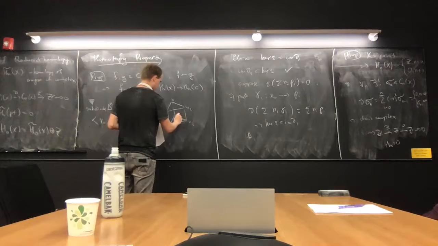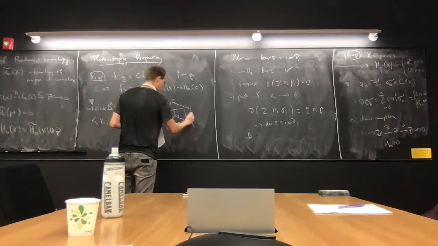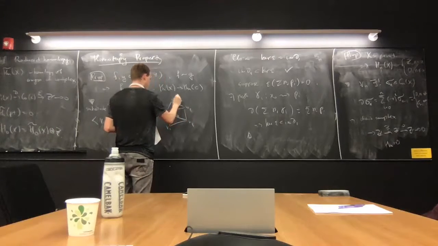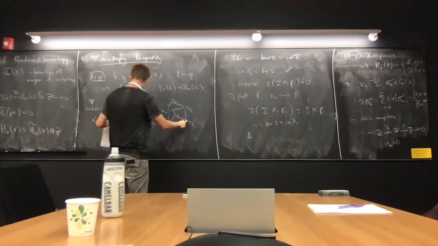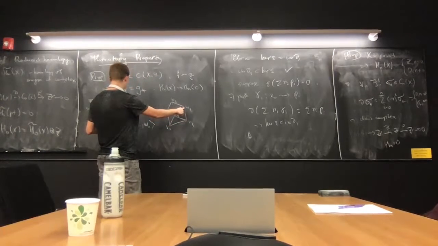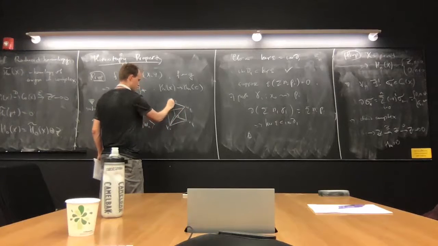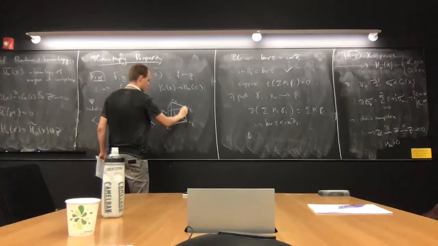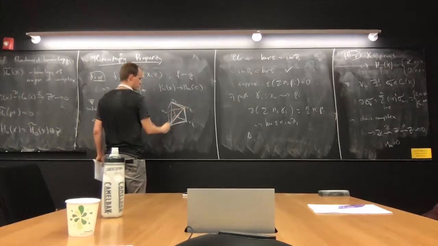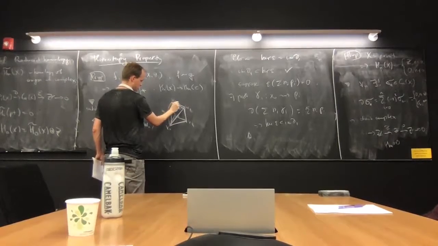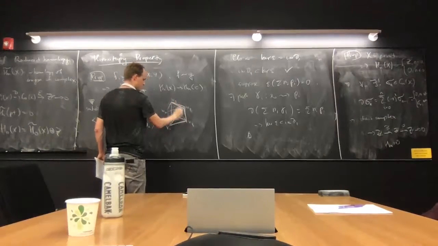So for instance, V0, V1, then W1, and then W2, right? This thing would be a tetrahedron, and then I also need to draw that line.